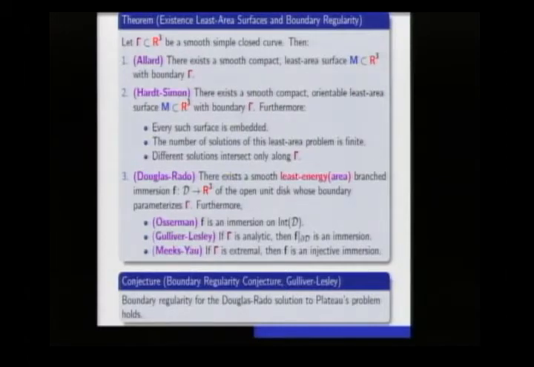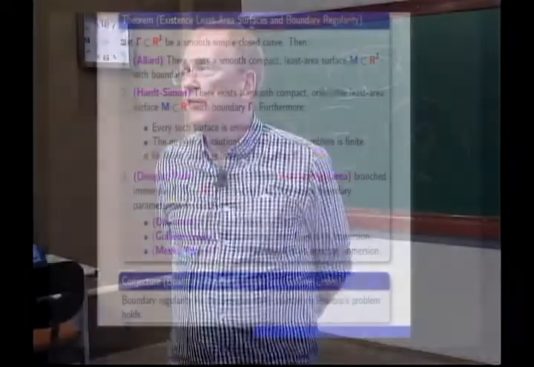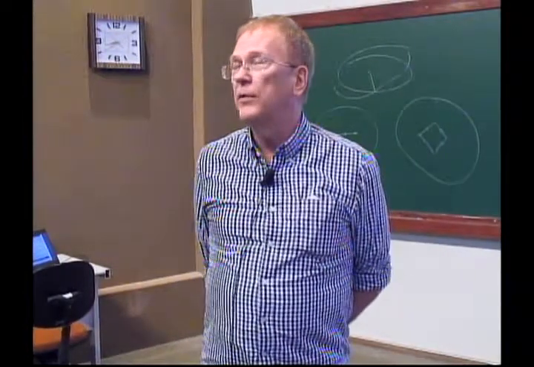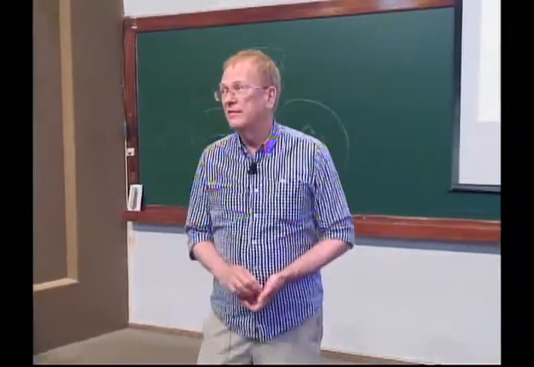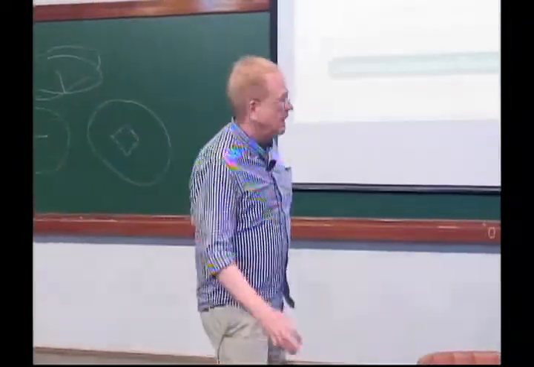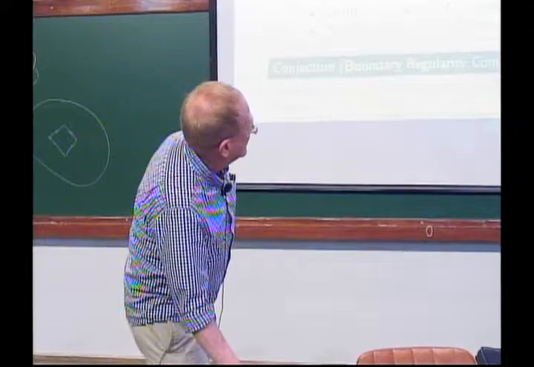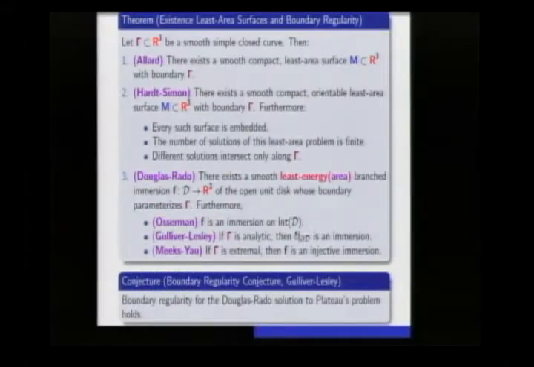So when you take the classical Plateau problem, a disk in the plane into R3, least energy, is it true it's an immersion on its boundary or not? So it's a question, right? We don't know the answer. We only know it when it's analytic. When it's analytic, the particular kind of least energy mappings are in fact immersions. Okay, so that's a nice question.